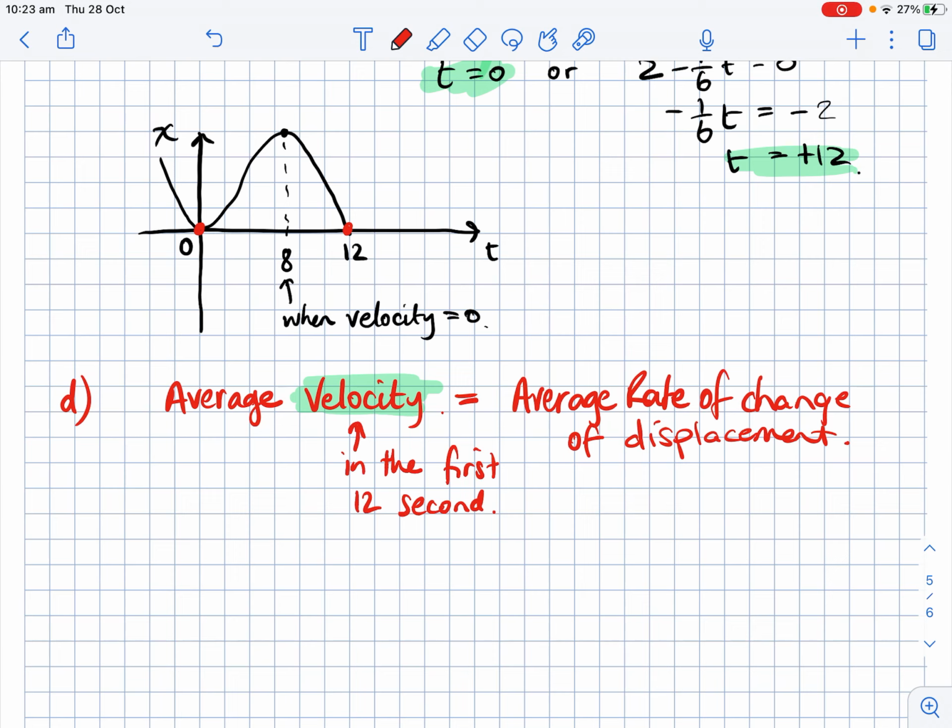then I find the position at 0. I find the position at 12 seconds. I join them with a straight line, and then I find the gradient.